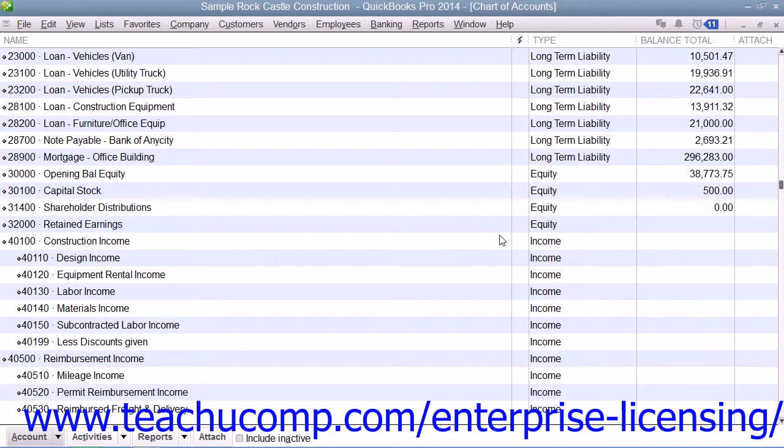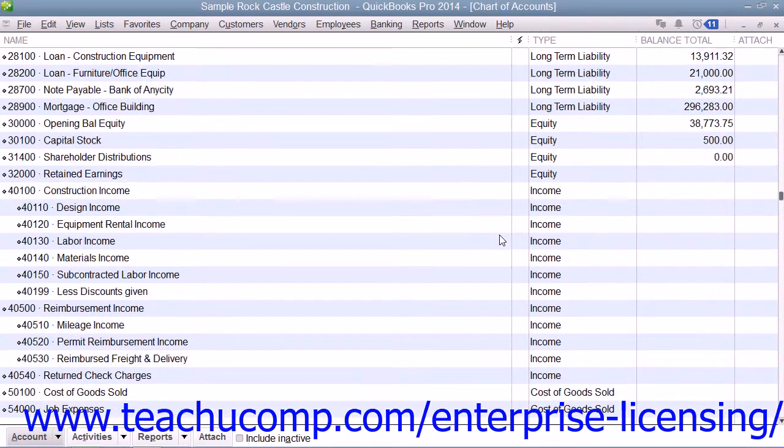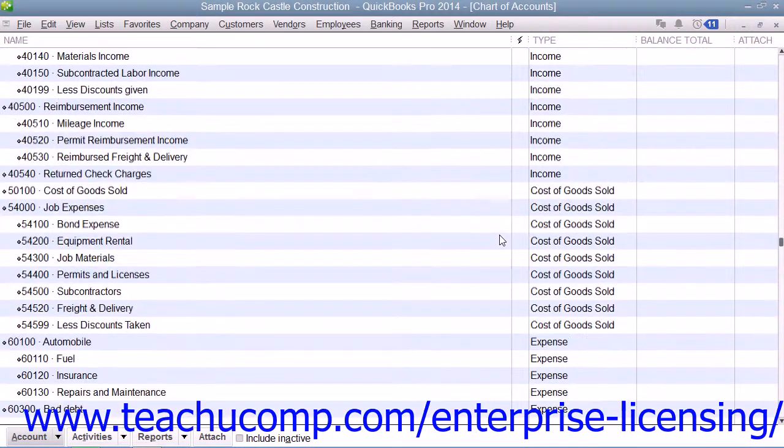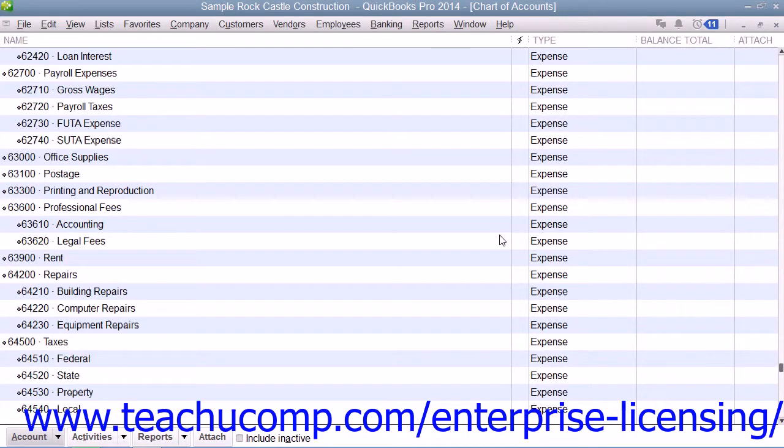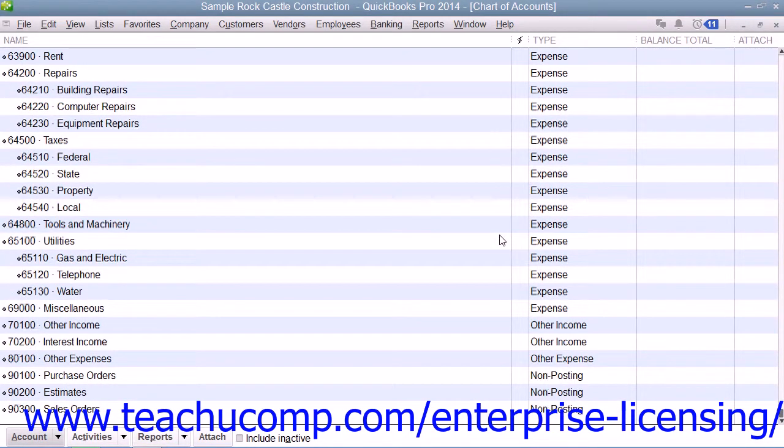Following those accounts within the chart of accounts window are the income accounts, followed by the cost of goods and expense accounts. These accounts appear within the profit and loss report of your company. At the bottom of the chart of accounts are accounts for non-posting transactions like purchase orders and sales orders.